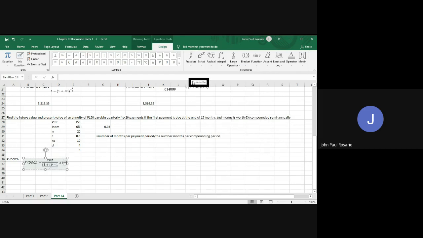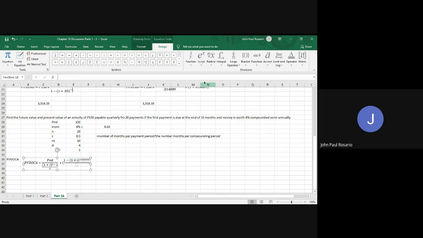This is present value. So this is 1 less 1 plus I, and we raise that to negative C times D plus N.